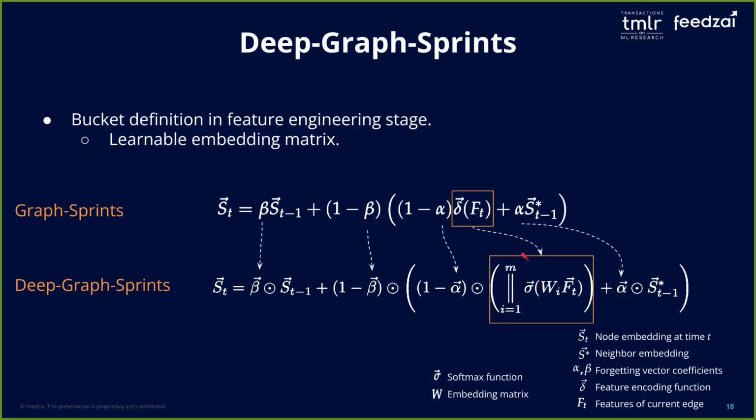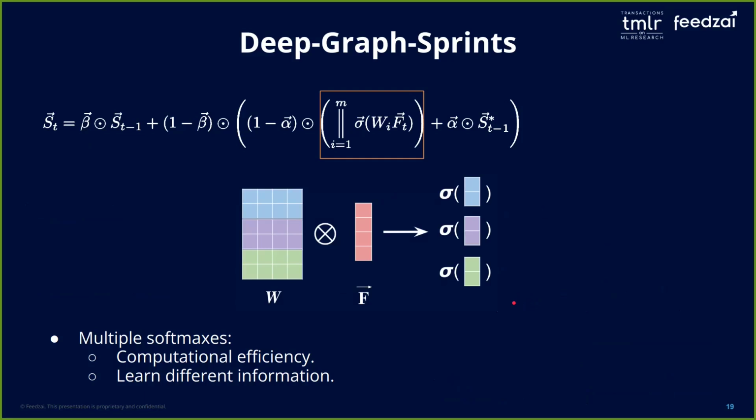In addition to removing the manual tuning process of the delta function, it also allows us to control the embedding size easily. In order to keep the characteristic of having the bins sum to 1 of Graph Sprints, we use a softmax function. In fact, we use several softmax functions.